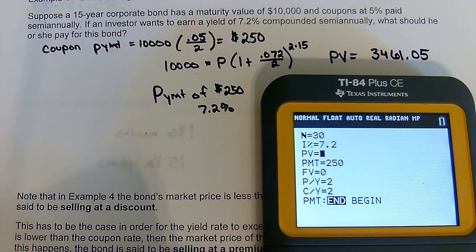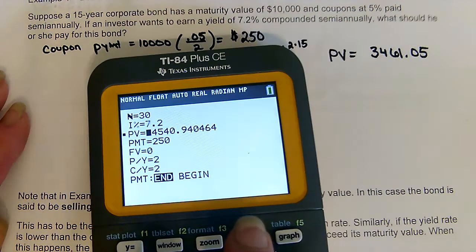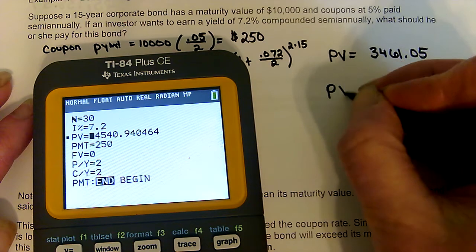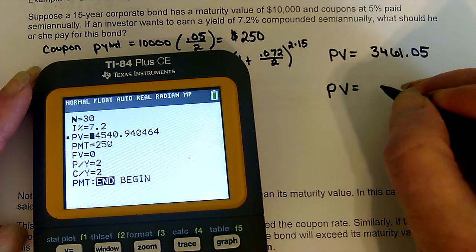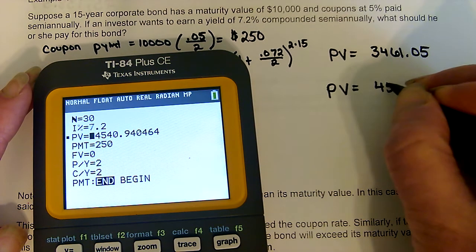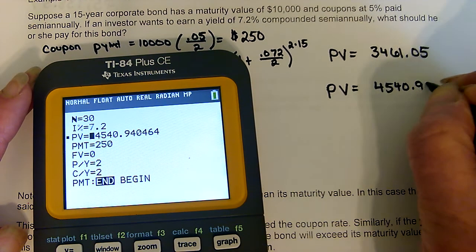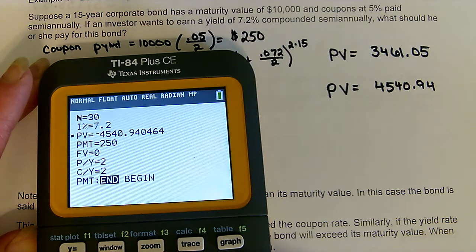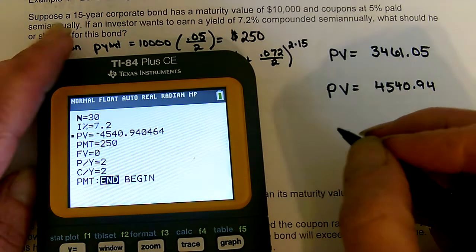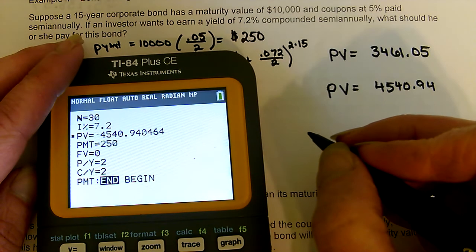So what's the present value of those payments of $250 at a time? Well, that present value is $4,540.94.